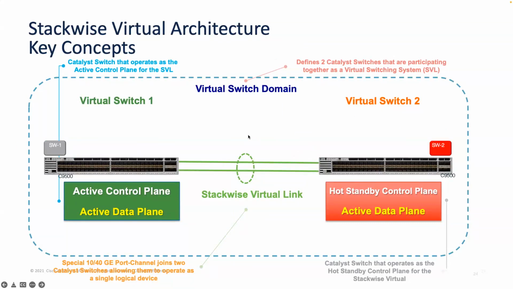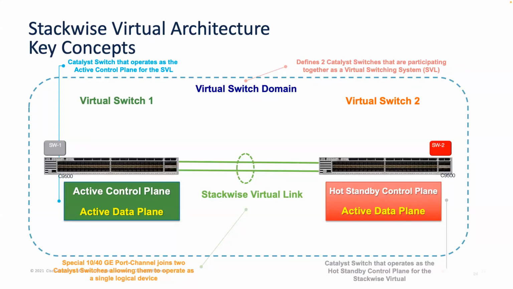The SV link is a special port channel running between two switches in the same domain. The SV link carries SV control traffic as well as normal traffic. Keepalive messages are also transmitted via the SV links. So the SV domain will break down if all SV links fail.